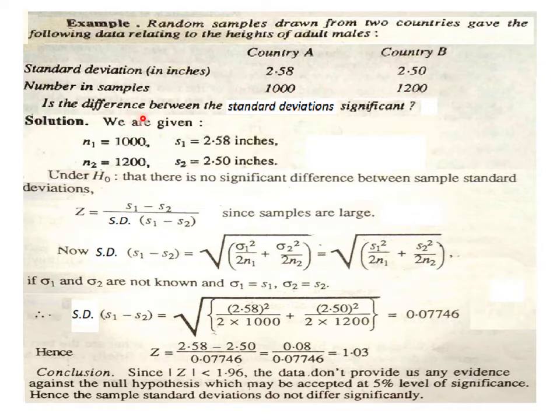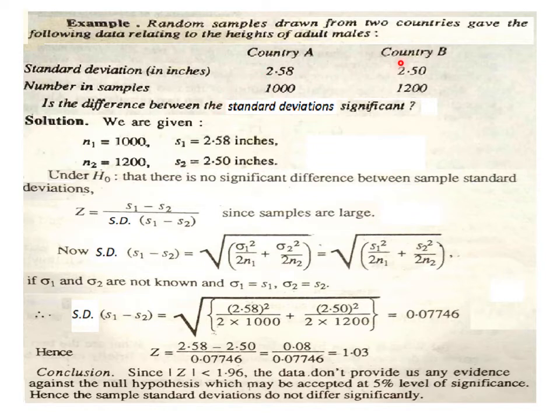Is the difference between the standard deviations significant? As nothing is written there, as a standard we will use the 5% level of significance for the final confirmation of the solution. We are given N1 and N2, 1000 and 1200, and S1 and S2, the standard deviations for countries A and B, 2.58 and 2.50 inches.